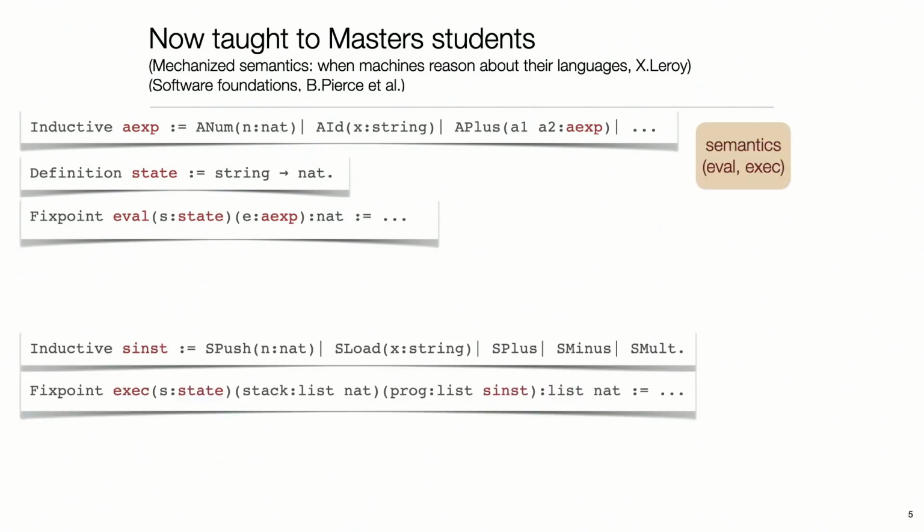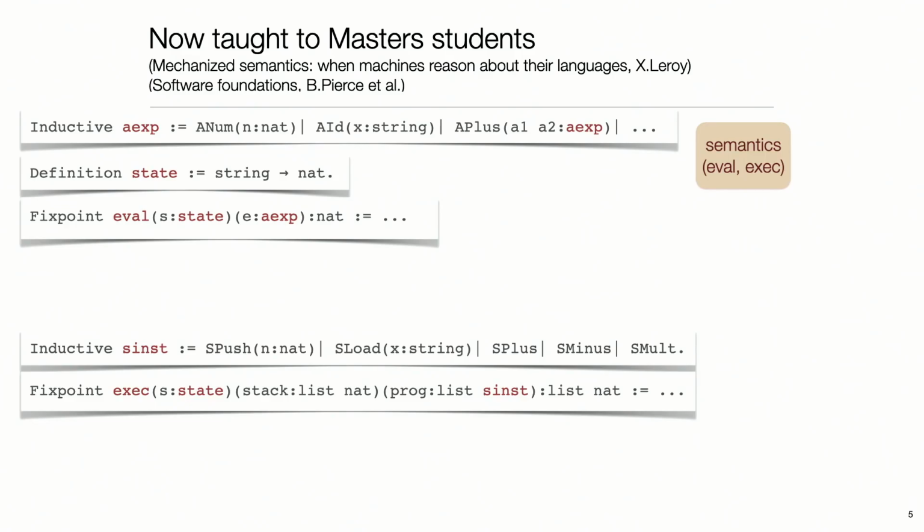Then you do the same with the target language. Here you define a small stack language. This language uses a stack to store intermediate results. You can push an integer onto this stack, you can load a variable onto the stack, and you can perform arithmetic computations.